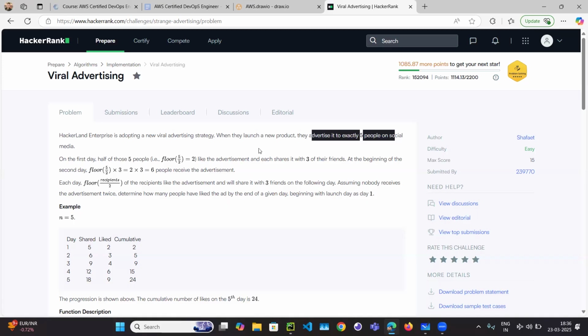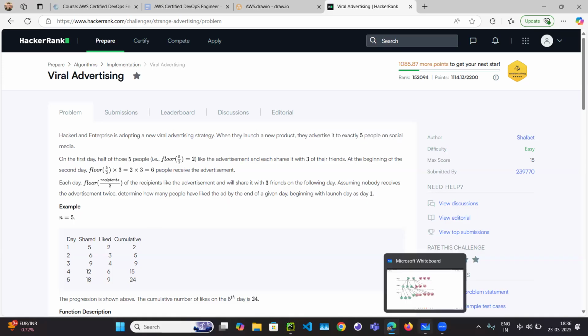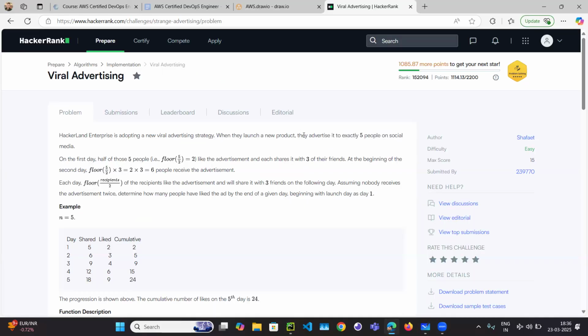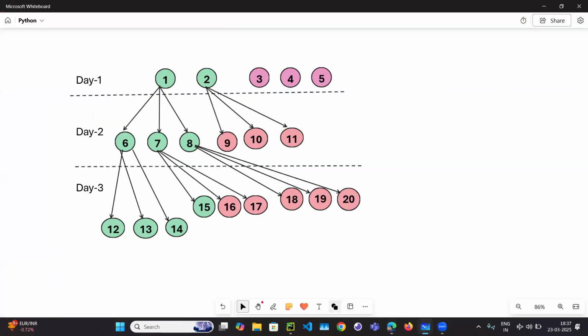So let's go through the example. What is given in the question? Let's suppose they have launched a product, and whenever they launch the product on day one, they share it with exactly 5 people on social media. So on day one, they shared it with the 5 people: one, two, three, four, five.